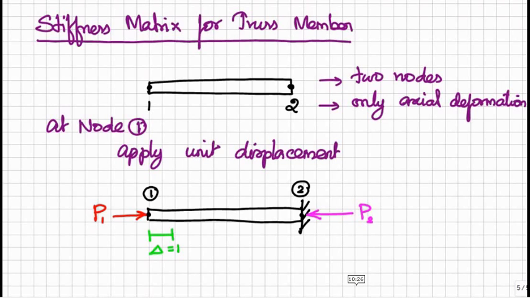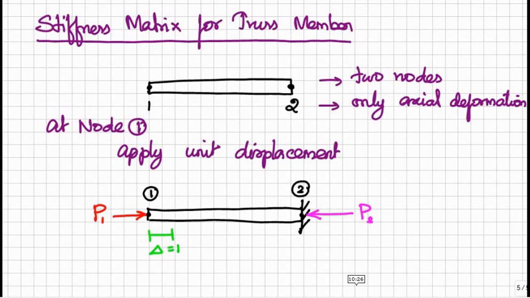Because this is a positive direction, we are making displacement in the positive direction. Therefore, we have to apply the P1 value. P1 indicates force at node 1, along this direction. Then only we will get displacement in the positive direction.